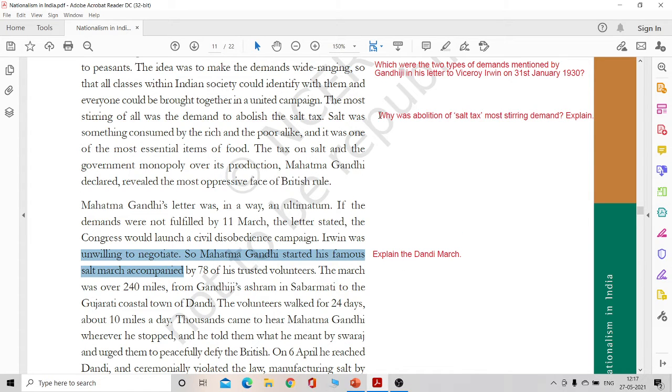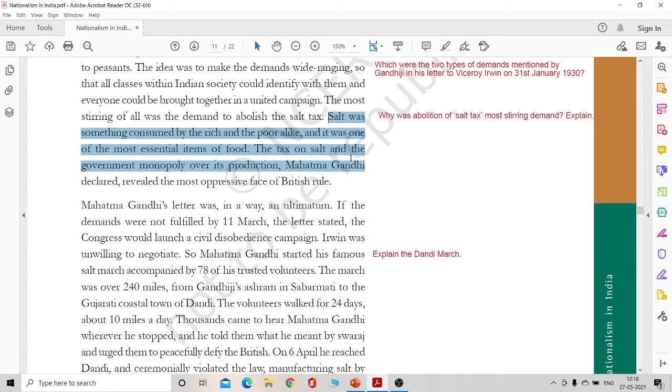So now another question is, why was abolition of the salt tax most stirring, right? The reason Gandhiji particularly picked up the salt tax was because salt is a ubiquitous item that is used by everyone, be it rich or poor.